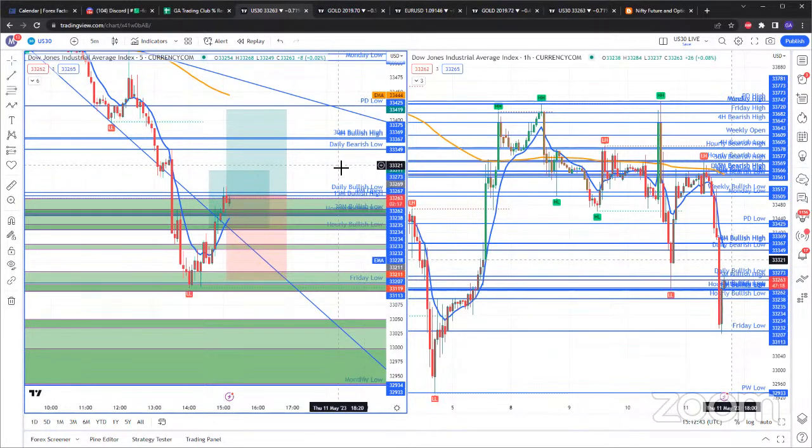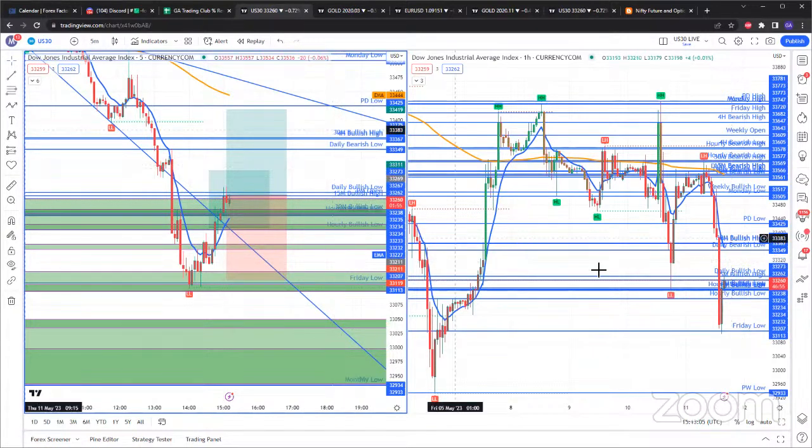So if there's a golden cross on the 5 minute and I'm in supply zones, more than likely those supply zones are on the 4 hour, 1 hour, 30 minutes. So remember, high time frame zones always override low time frame zones. As much as you might have a golden cross on the 5 minute, if you have supply zones on the high time frame, you shouldn't enter that golden cross.